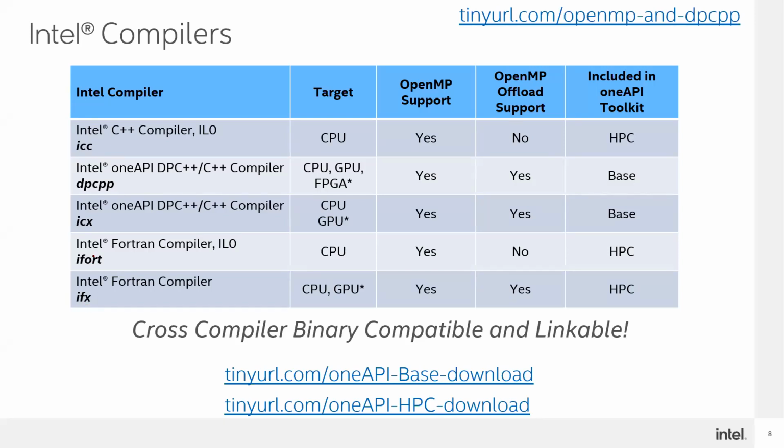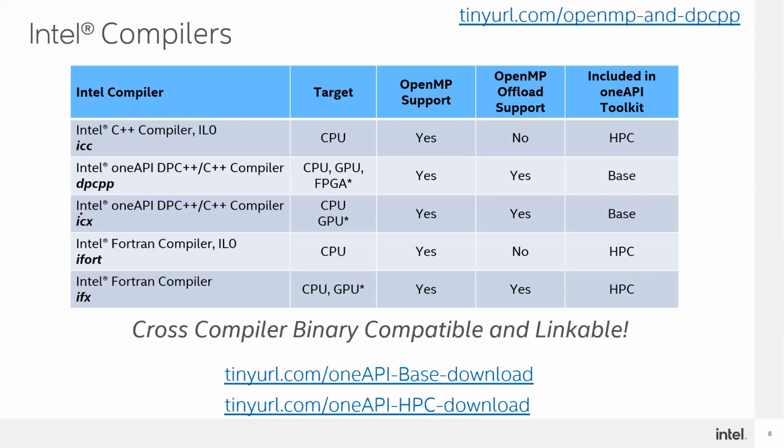What do the Intel compiler driver names mean? ICC, DPC++, ICX, etc., these are compiler driver names, so these are not actually the compilers. The compiler driver is the part of a compiler which parses the options you are passing. It's usually the command you use to invoke the compiler under the hood.